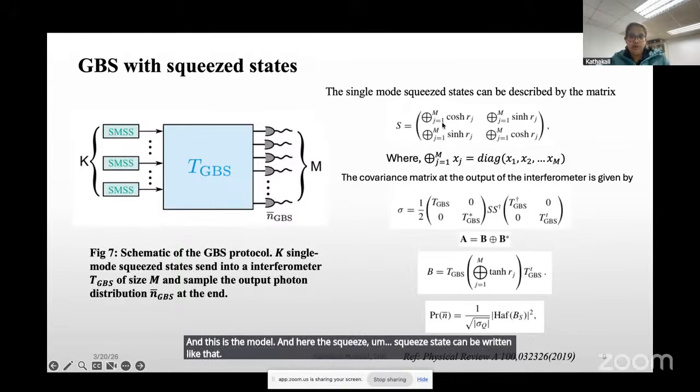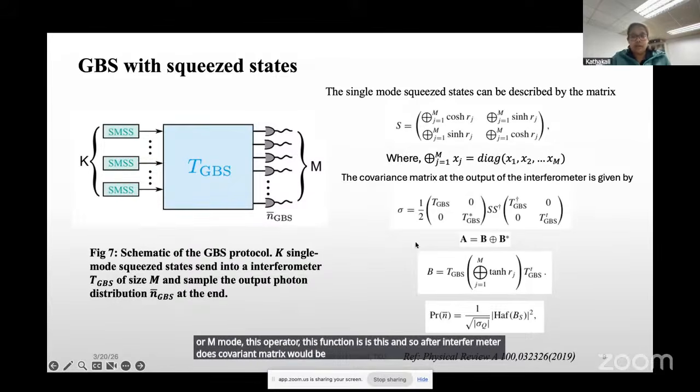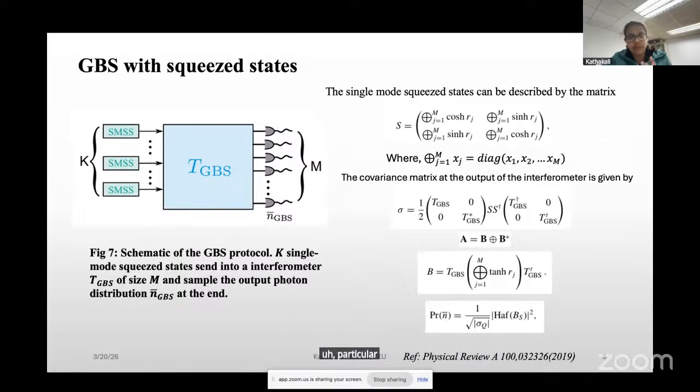For M modes, this operator, this function is this. After the interferometer, the covariance matrix would be this, and from this formula we can get the probability of a particular distribution.